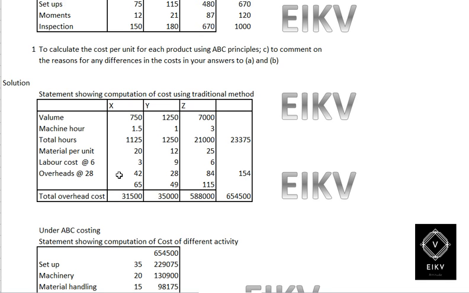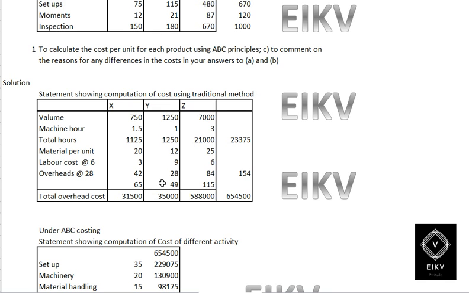Overhead at 28 per hour: 28 multiplied by the machine hours, so 28 into 1.5, 28 into 1 will give 28, and 28 into 3 will give 84. Therefore the total cost will be 65, 49 and 115.